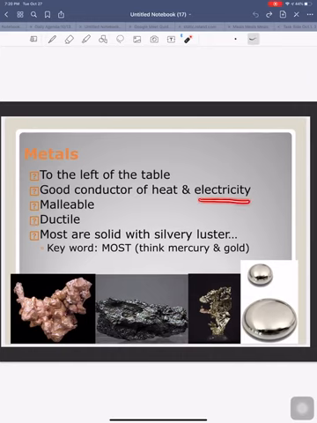Electricity is the flow of electrons, and metals are outstanding conductors of electricity, which is why we use our copper for our dominant wiring. It is very effective at being able to get electrons from point A to point B in the form of electricity to be able to power all of our lovely devices that we need.